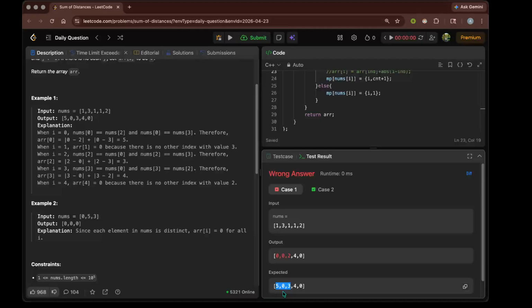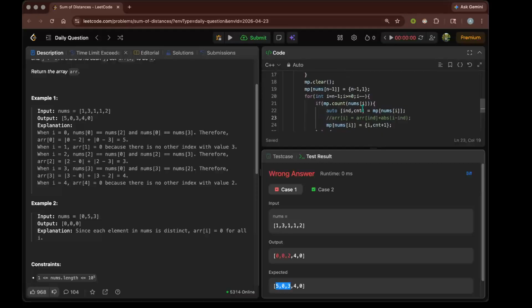For the previous element, it would be 1. 1 plus 2 into 5. Okay.